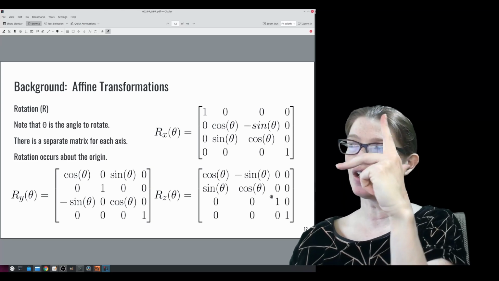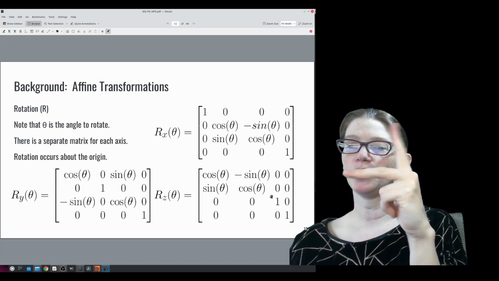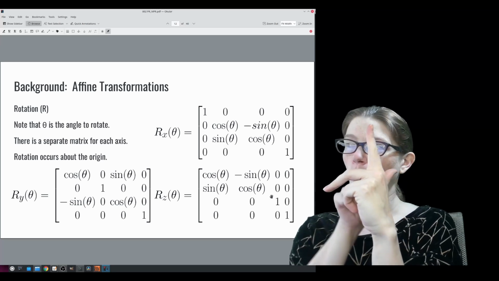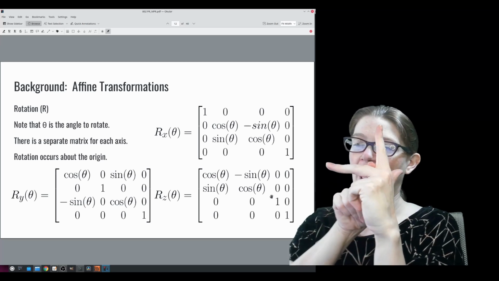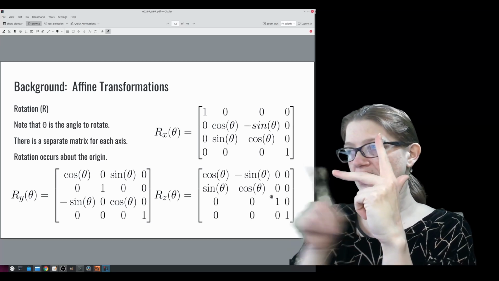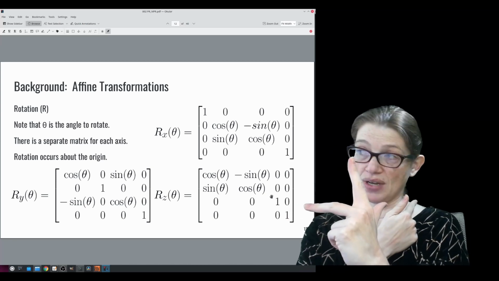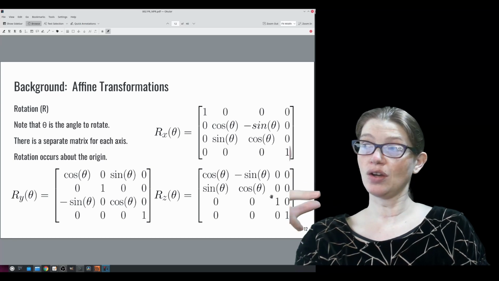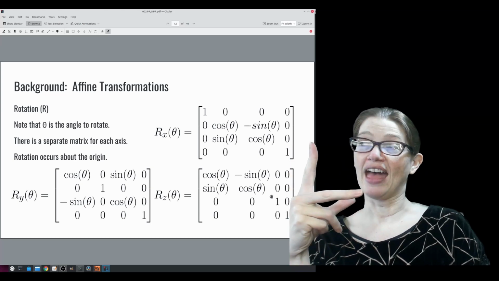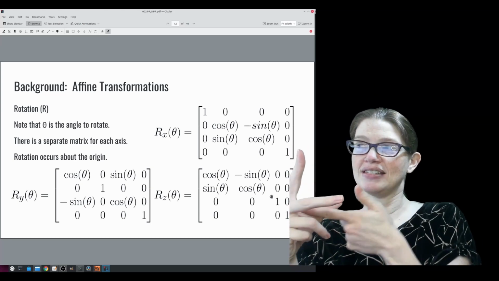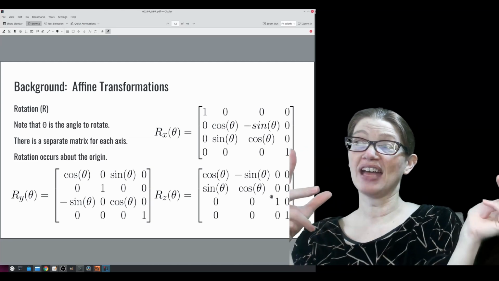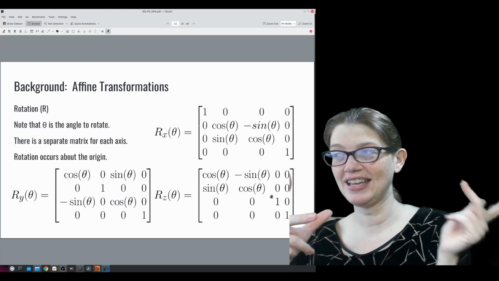So this here is the left-handed coordinate system, and we have Y up is positive, X positive is to the right, and Z positive comes out of the screen. Whereas a right-handed coordinate system has the Y going up, Z coming out, and positive X going to the left.